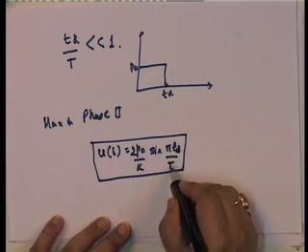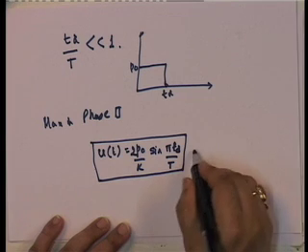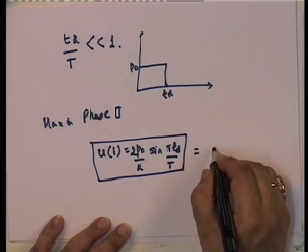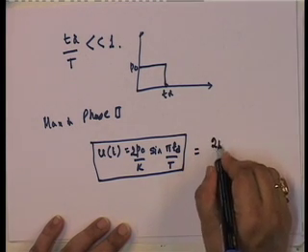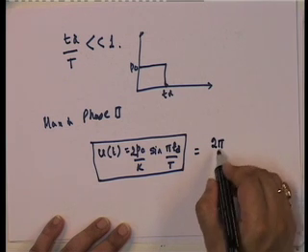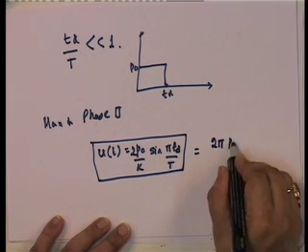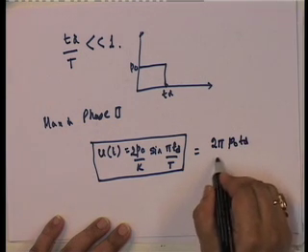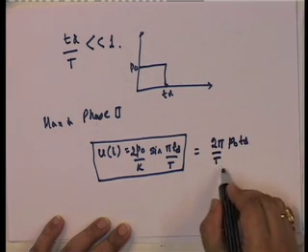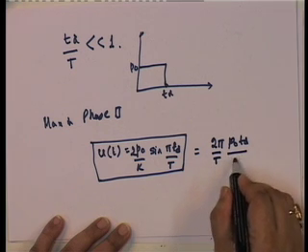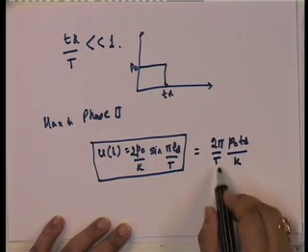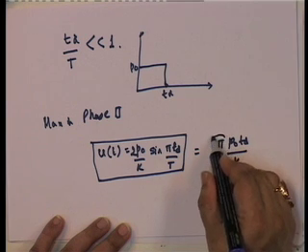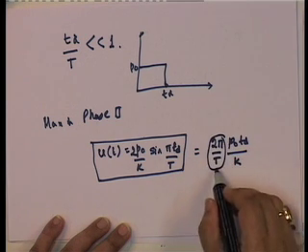Now, when Td by t is very, very small, what does this become? This becomes 2 pi P naught Td upon t upon k. This is nothing but omega.